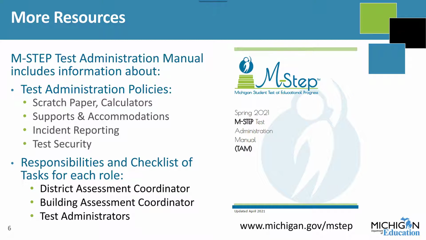Checklists are also provided in an appendix with links to each task to help you keep track of everything that needs to be done. You will also find test administration policies, including the scratch paper policy, information about supports and accommodations available for the M-STEP assessment, and the incident reporting table that includes potential test irregularities and the resolution for both paper pencil and online test administrations.